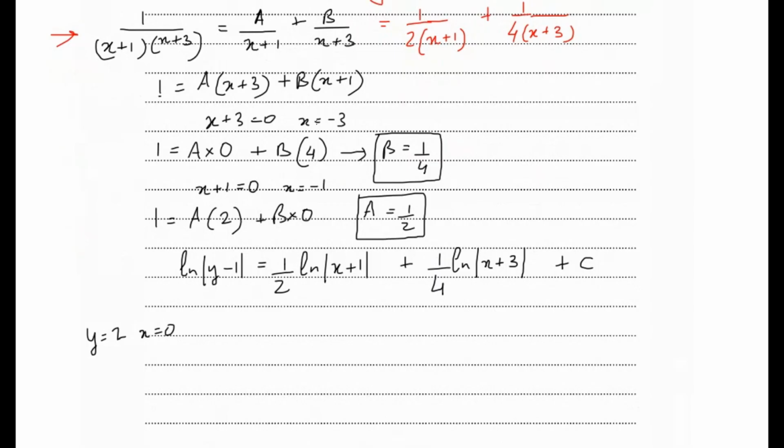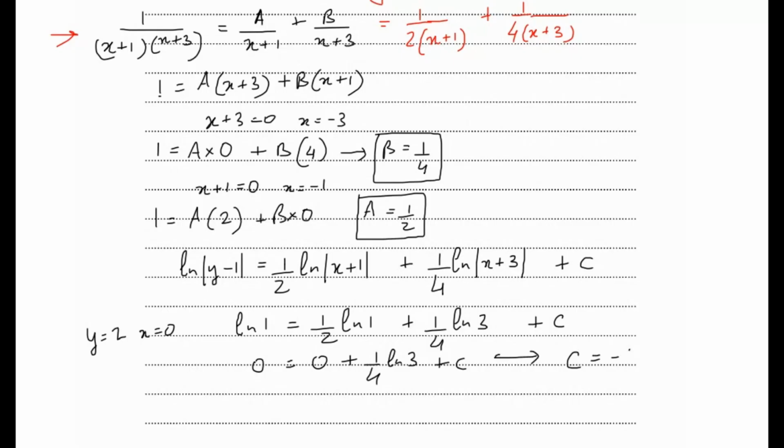So when y is equal to 2, we get ln of 1 is equal to half ln of 1 again, plus 1 by 4 ln of 3 plus c. Ln of 1 is 0, so 0 is equal to 0 plus 1 by 4 ln 3 plus c, and this implies that c is negative 1 by 4 ln 3.